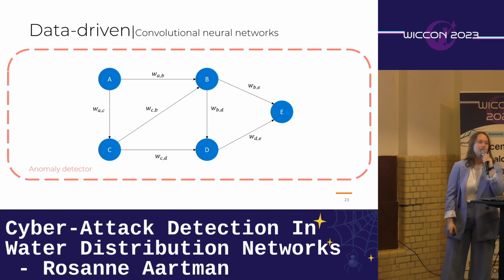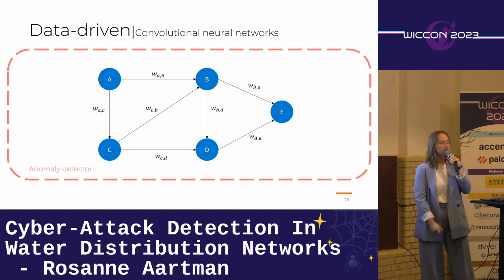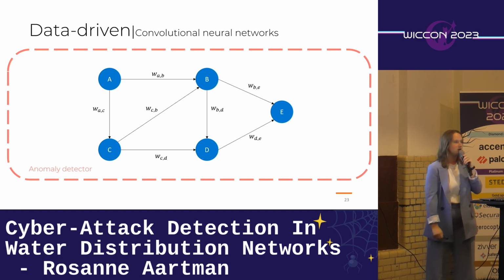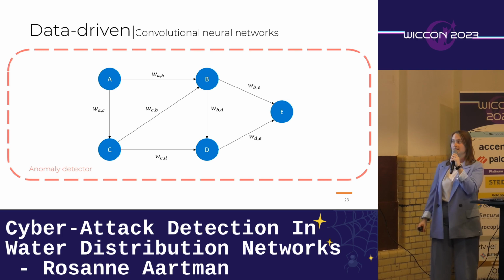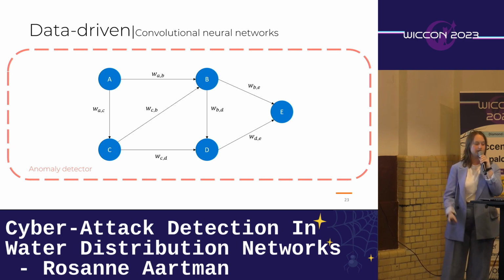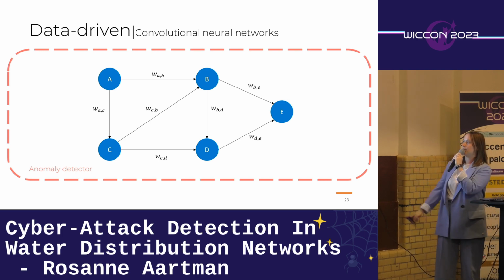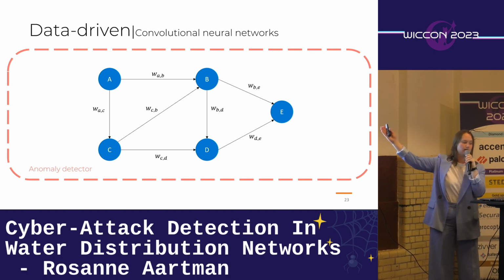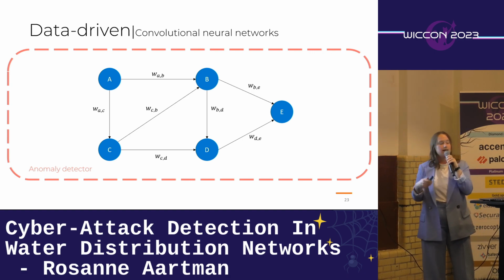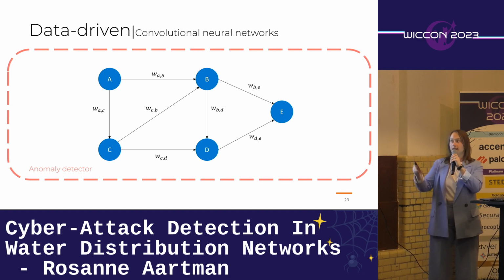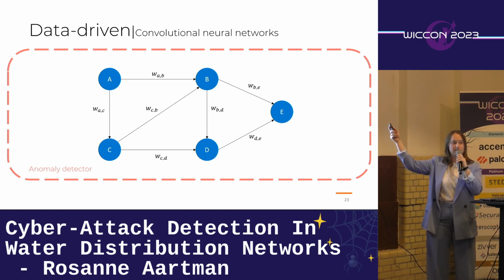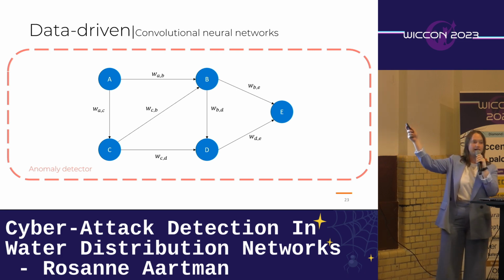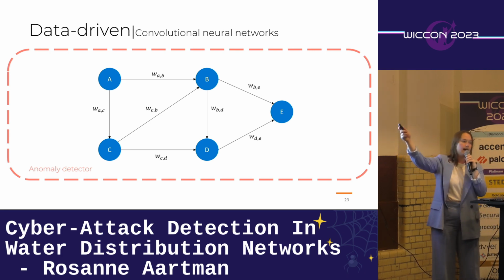So let me give you an example of how a convolutional neural network could be used to identify correlations and dependencies of system parameters. So say, for example, we have these 5 parameters. By feeding a lot of the input data, our neural network can learn this pattern and the certain effects that, for example, A has on B.